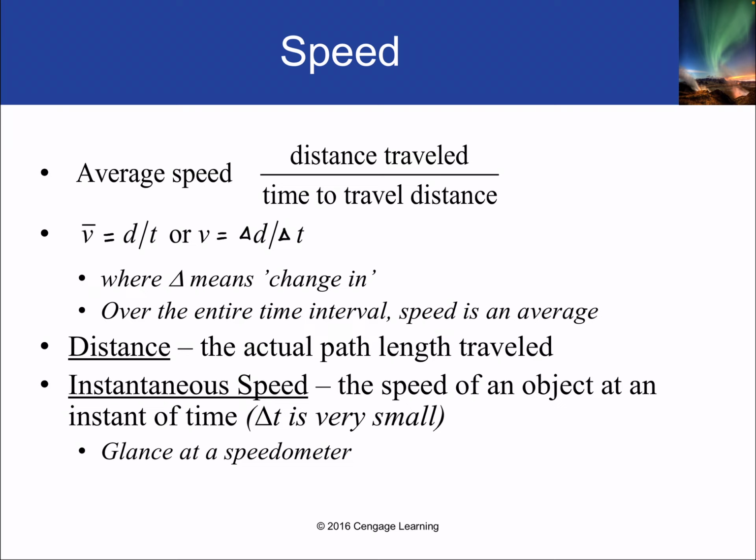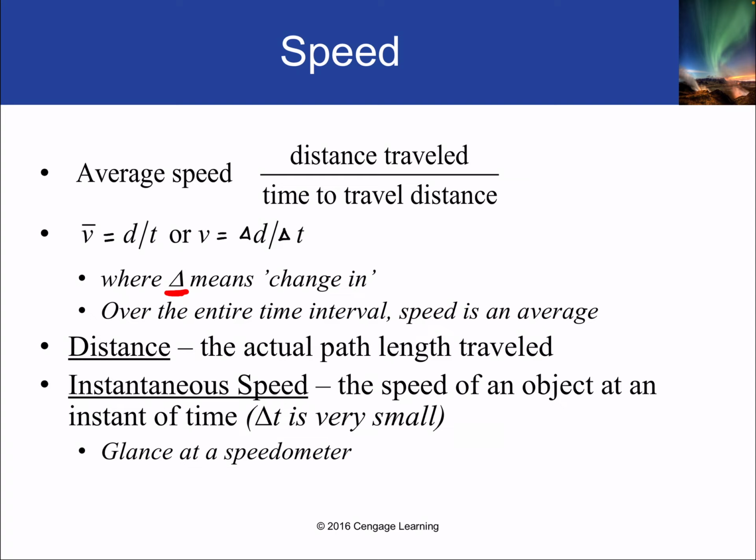Now, speed being distance traveled, sometimes you might also see v equals delta d over delta t. So the delta, that little triangle symbol, means a change. So that change over that entire interval.